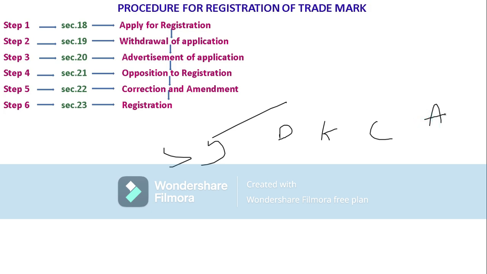These are the branches of the trademark registry, and the Controller General of Patents, Designs and Trademarks is appointed as the registrar of trademarks. He will be the registrar of the trademark office, the trademark registry.